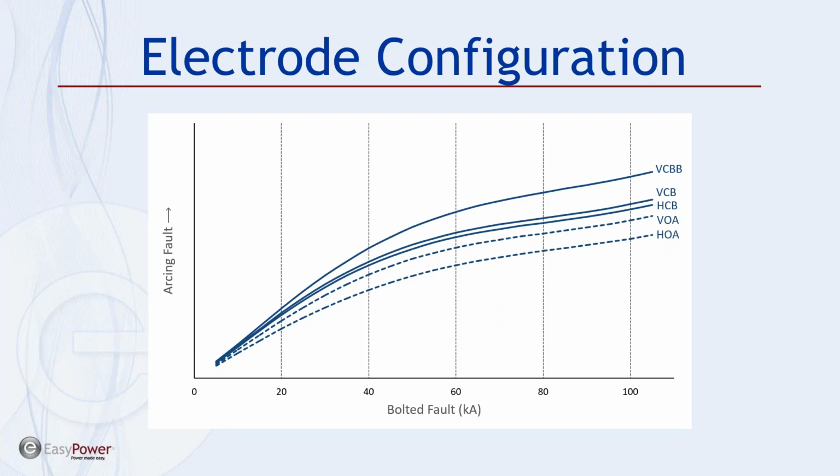And then right below that is the vertical in a box, and then horizontal in a box, and then again the vertical in open air and horizontal in open air.